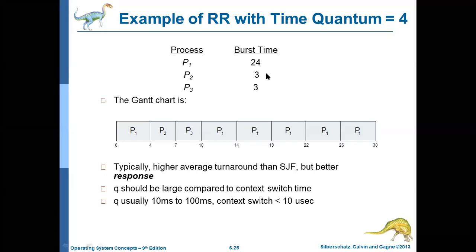Again only P1 is available. 14 plus 4, 18. 18 plus 4, 22. 22 plus 4, 26. Plus 4, 30. 5 fours are 20, so after 5 steps the entire execution of P1 is completed.